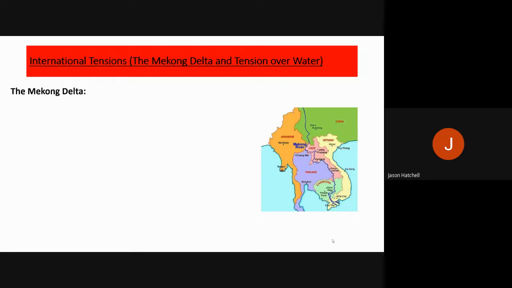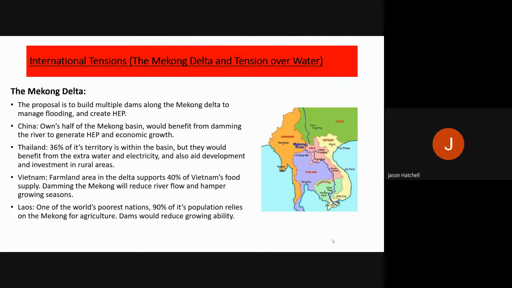And you can see they include Myanmar, Thailand, Laos, China, Cambodia, etc. And essentially, the idea was to build multiple dams along this river to create hydroelectric power and to manage flooding. And China would benefit from this, obviously, for generating power and economic growth. Thailand would as well. It would aid development in Thailand, and it would also provide extra water and electricity.